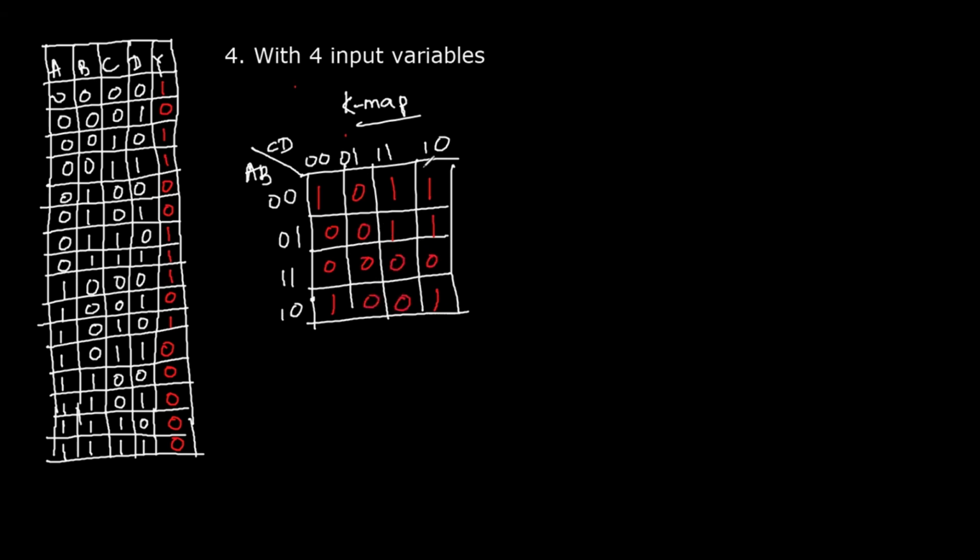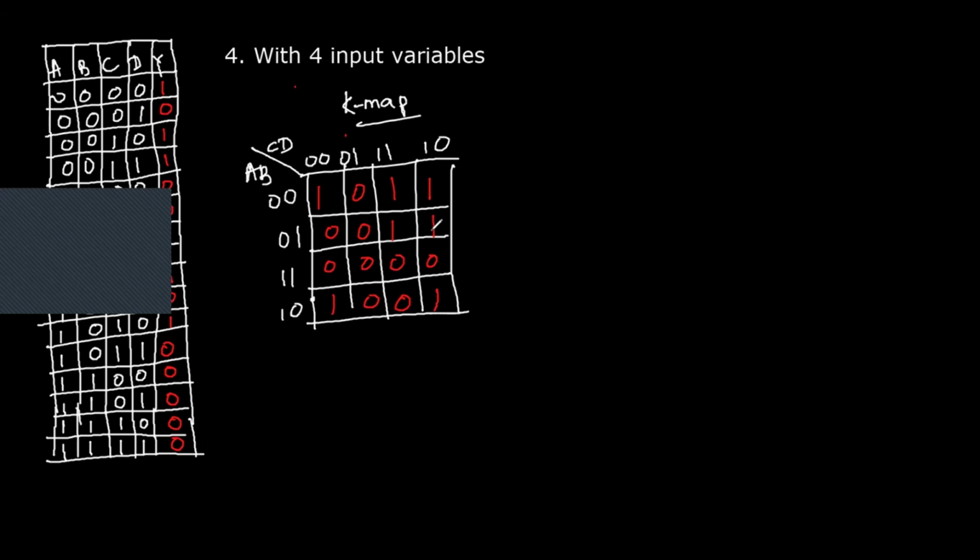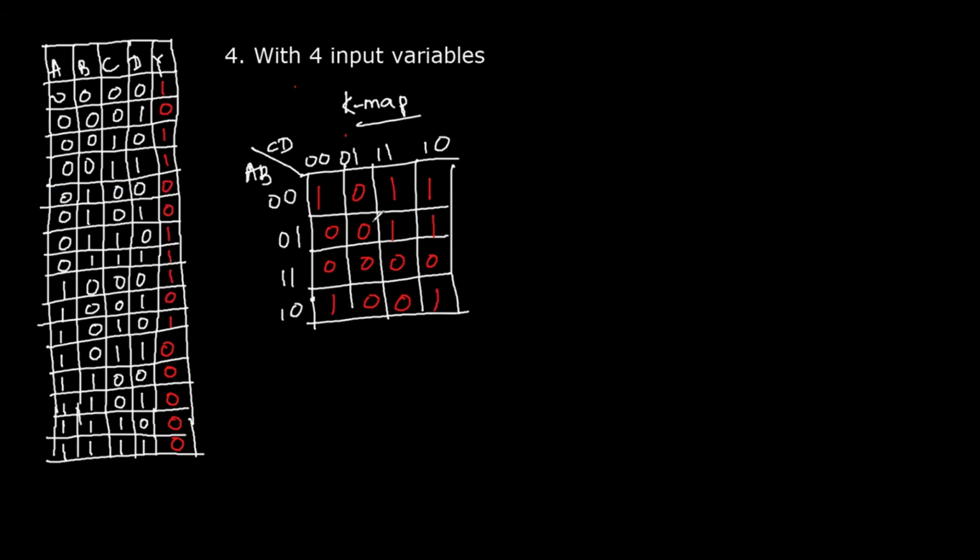And how do we group this? So grouping this, just when you see it, you should see that you have a group of 4 ones. Now this is really great. You can just go ahead and group that together. And you have an isolated one over here, one over here, one over here, and one over here. So remember, I told you the K-map is not just limited to this, but the K-map can be grouped because it is being continued.